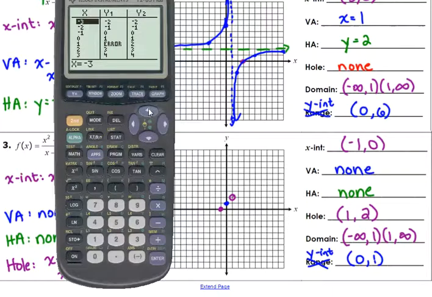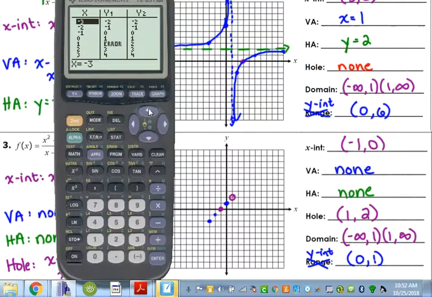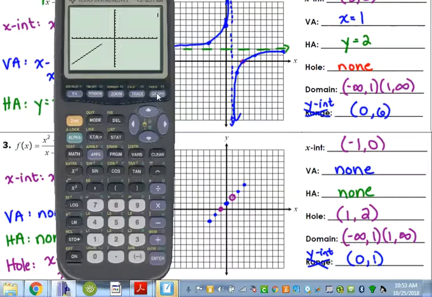Let me get some points here to plot. Negative 3, negative 2, negative 2, negative 1. What does it look like is happening here? It's a line. We're used to the rational functions being curves, but because of what this simplified to, y'all told me that it's simplified to a linear function.